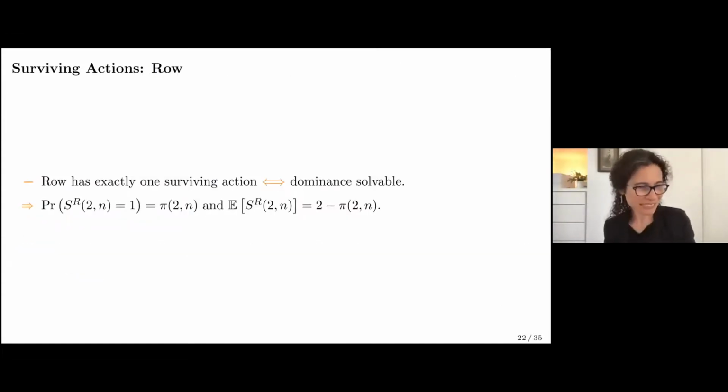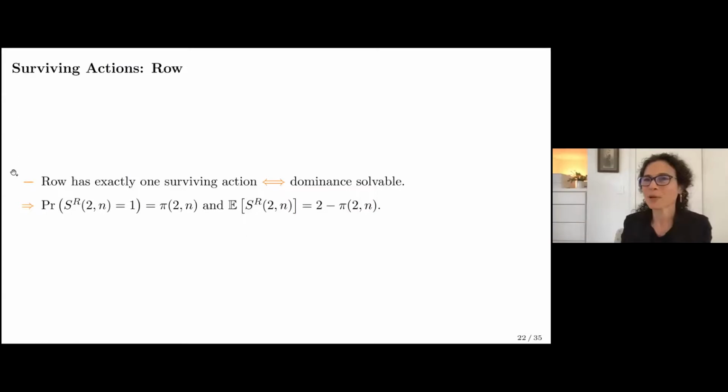All right, so the last aspect that I'd like to tell you about is the number of surviving actions. So first of all, for the row, she has exactly 1 surviving action if and only if the game is dominant solvable. So if she can cancel one of her actions, we're done, because column will just pick the optimizing action for her, and that will be it.